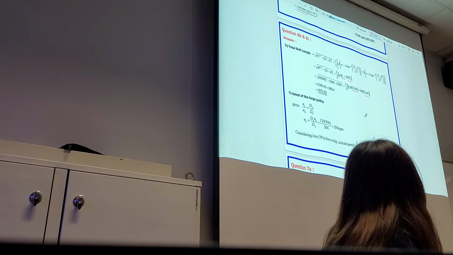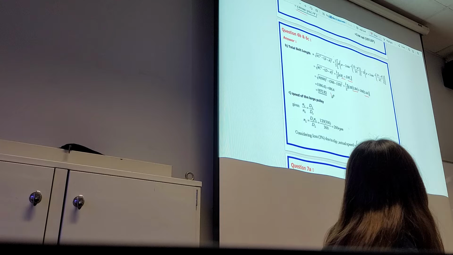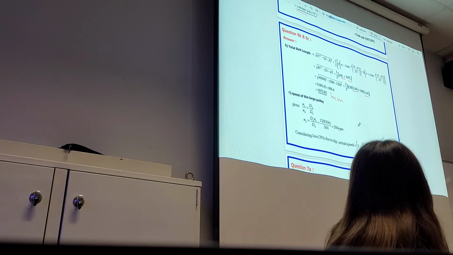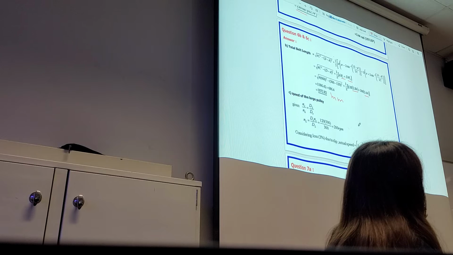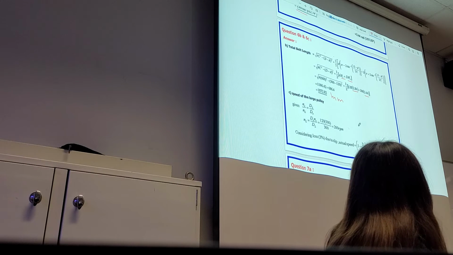So that's the thing I want to highlight. And finally, you will get this in terms of mm. So the overall length of the belt is about 1.872 meters, because millimeter divided by 1,000 is a meter.